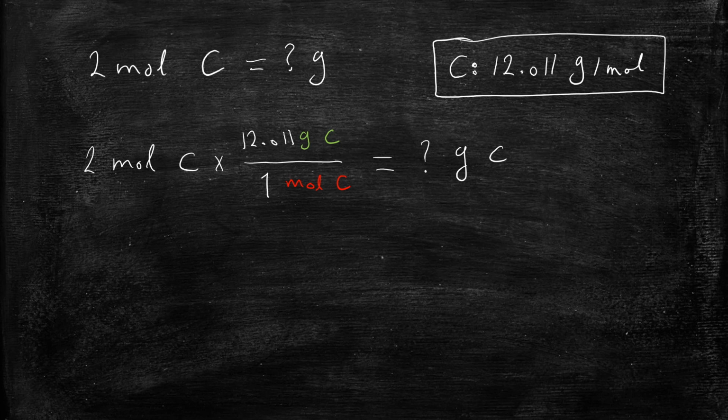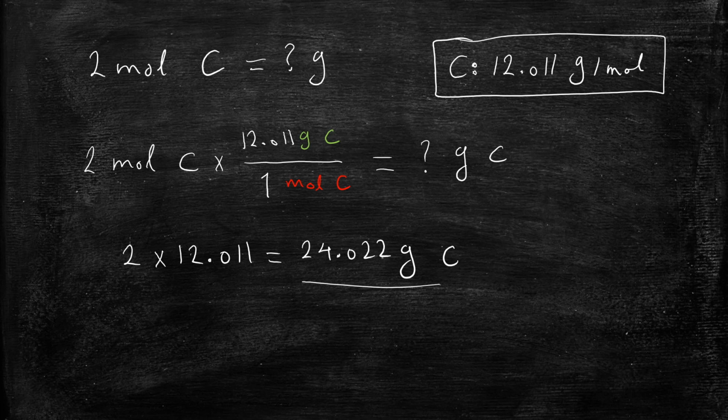So that's my conversion fraction right there. So I have to multiply 2 by 12.011, which equals, doing the multiplication, 24.022 grams of carbon. That's the answer. So with conversion fractions, it makes it much less probable to make a mistake.